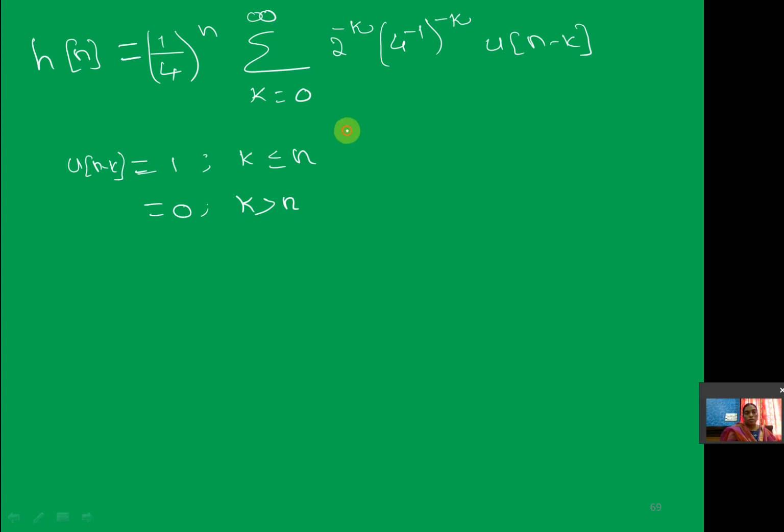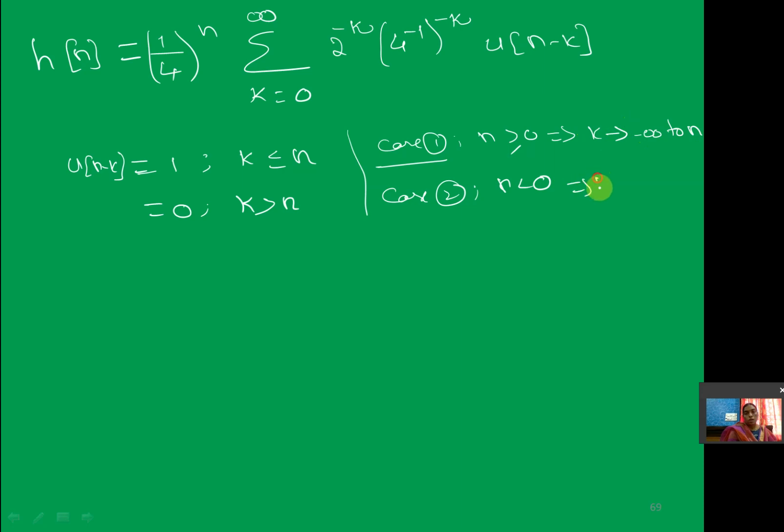So from this, it depends on the n range. So case 1 is n greater than or equal to 0, case 2 is n less than 0. N greater than or equal to 0 means k range is from minus infinity to n. Here also k range is minus infinity to n, in both cases.